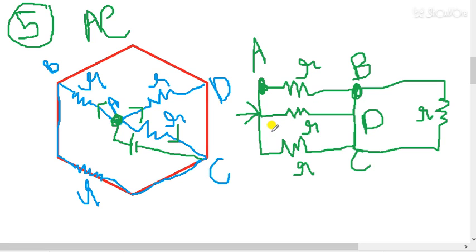But I have to find the resistance between A and C. When I have to find the resistance between A point and C point, A point is this one, C point is this one. So this resistance BC will not be included, I think.